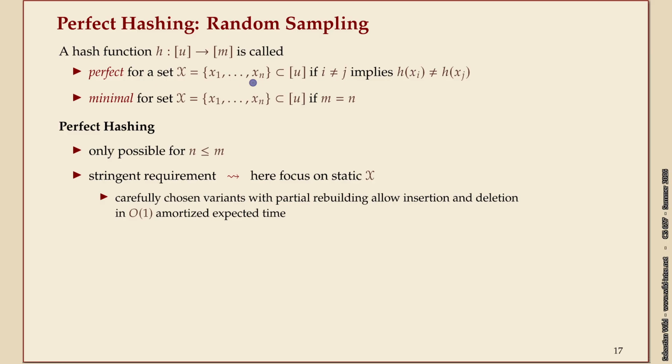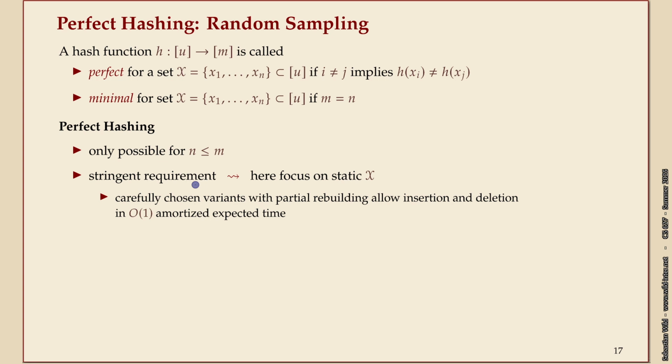Now you can also ask whether you can combine those two, and then it gets really tight. You're supposed to use exactly the space that you have, and you can't have collisions. Certainly this is only possible if you have enough space, but it's still a very stringent requirement.